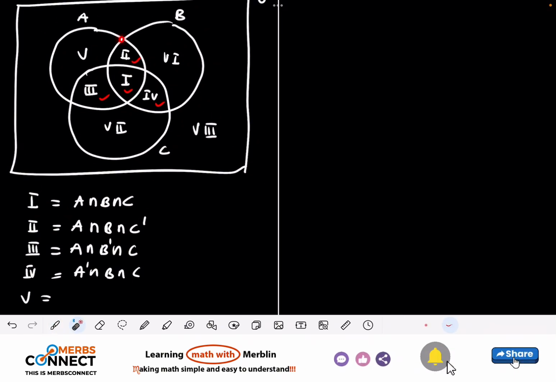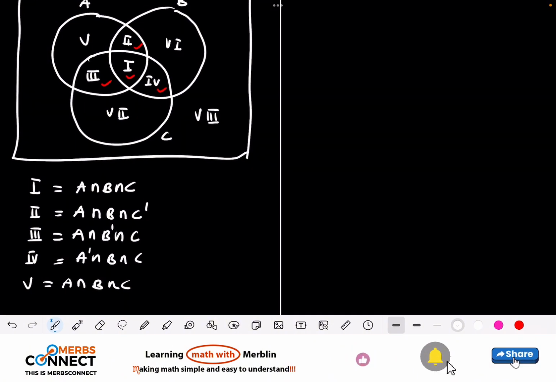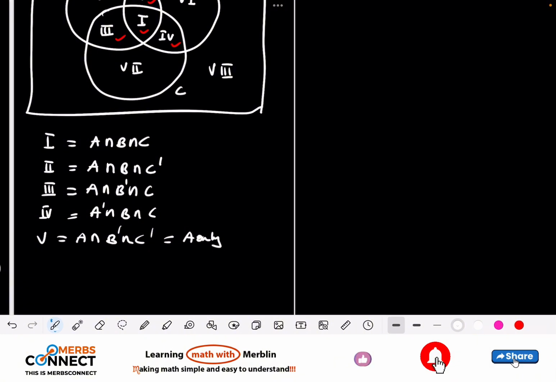When you look at it, it is actually in only A. So this is called A only. But before we call it A only, let's combine A, B, and C together. So we are going to have A intersect B intersect C. But you can see that it is A only. So we need to take C out. We need to take B also out. And we can call this one A only. Good. So that's how we can call it.